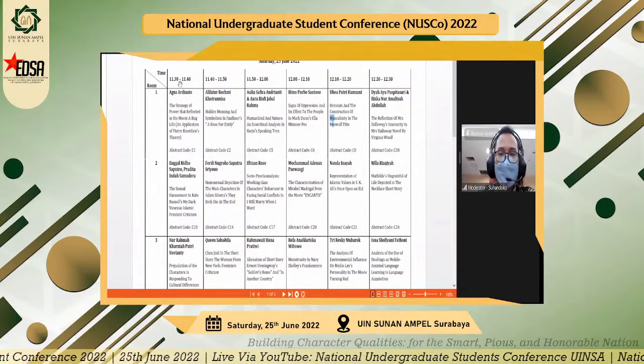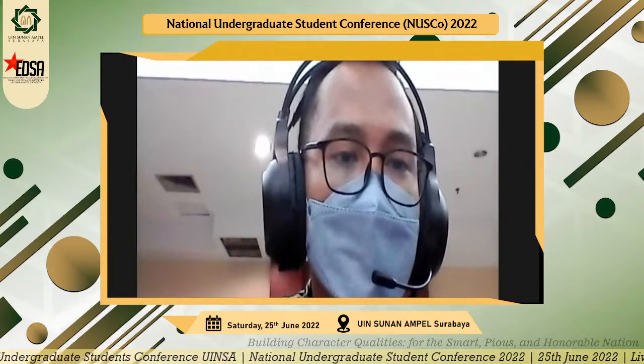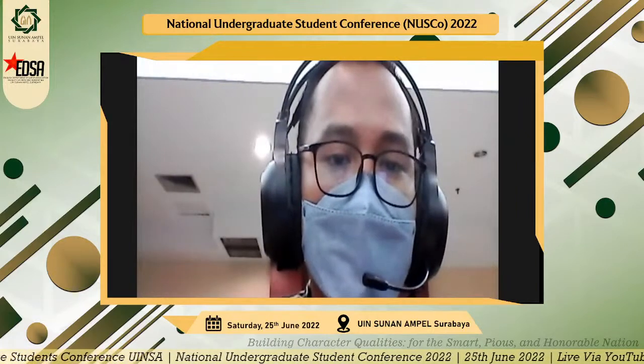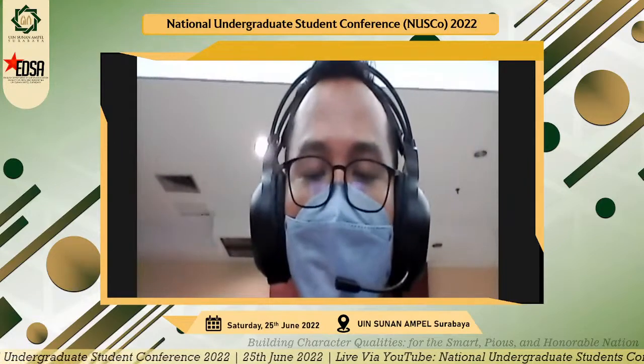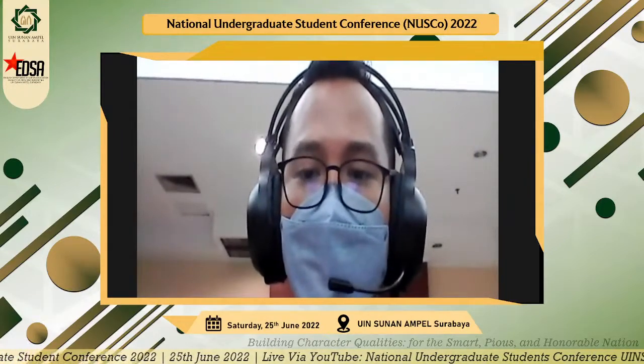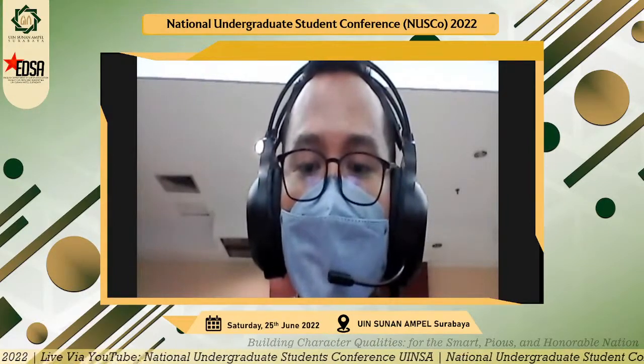Okay, now I will share the schedule in the chat box. So now you can download the parallel schedule in the Zoom chat box, and then you may check by yourself the papers or presenters that you want to attend.